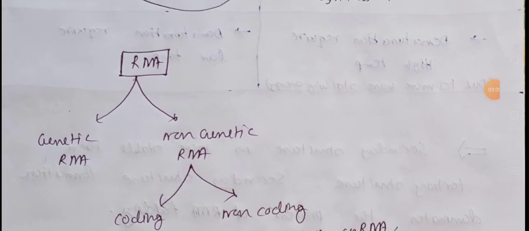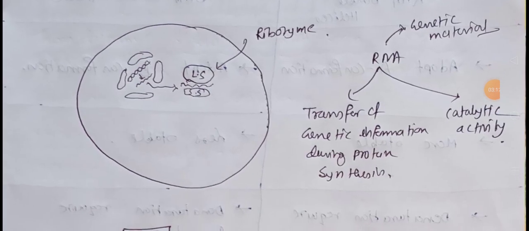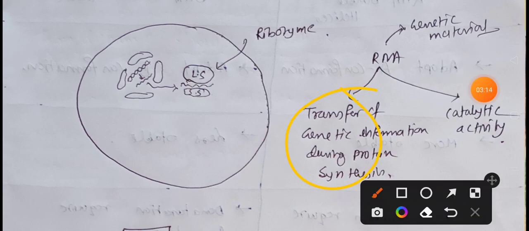So until now, we have understood that RNA can act as a transfer of genetic information during protein synthesis, that it has catalytic activity like protein, and that some RNA can act as a genetic material, right?